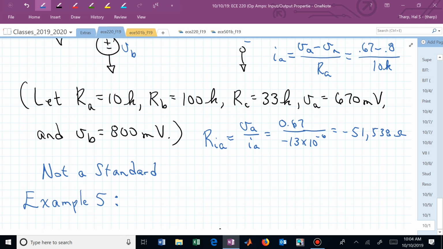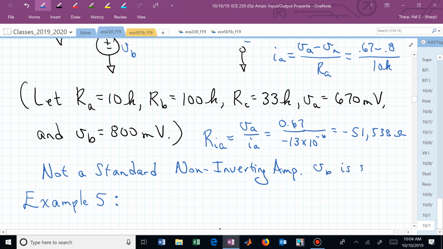So not a standard non-inverting amplifier circuit, because V sub B is supplying power to V sub A. Maybe not what you would want to design.